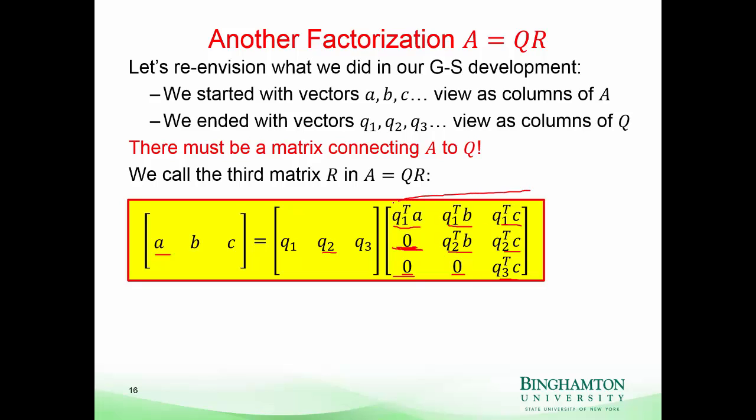So really the elements in this R matrix are just all these inner products, but some of them we know ahead of time are going to be 0. So that's one way to view that.